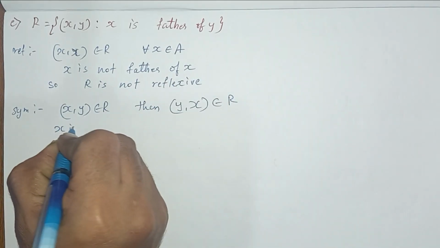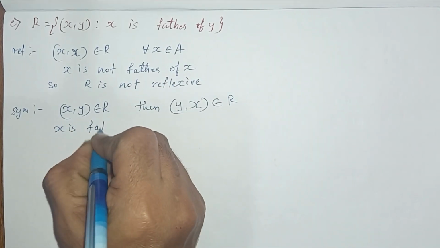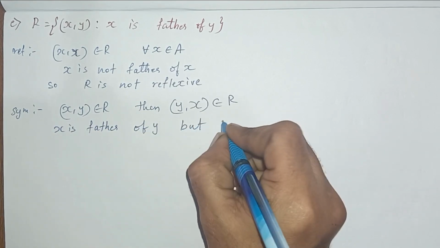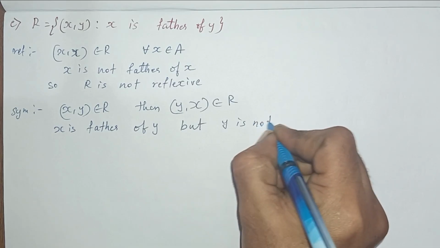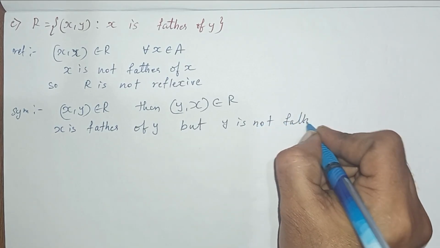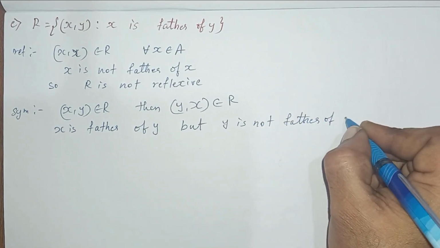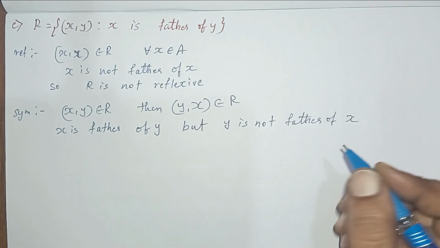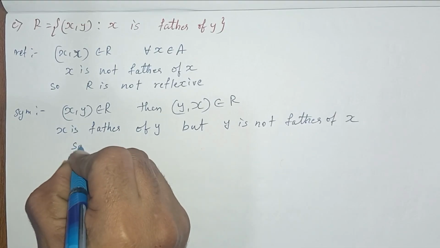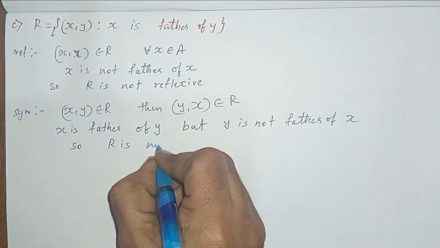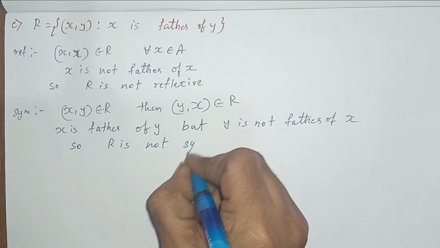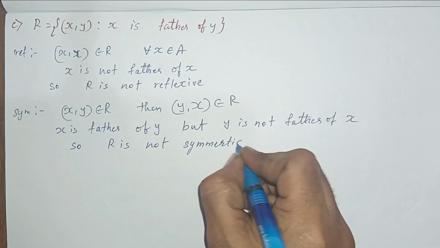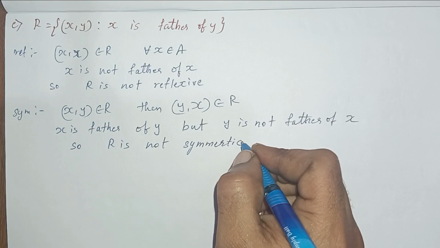So x is a father of y, but y is not a father of x. He will be a son or a daughter to x. So R is not symmetric.